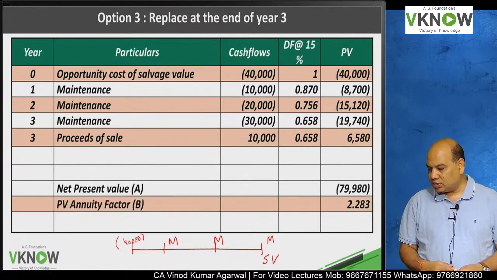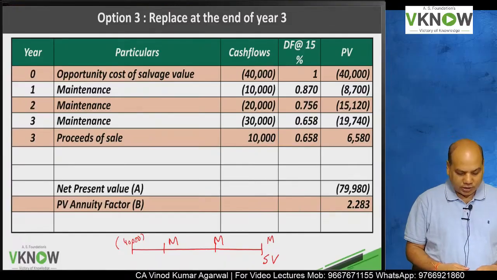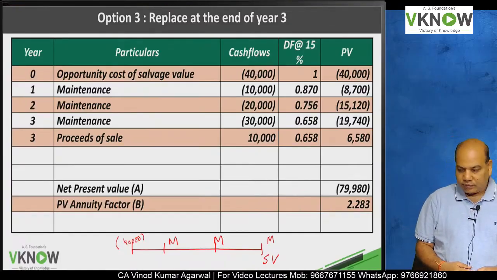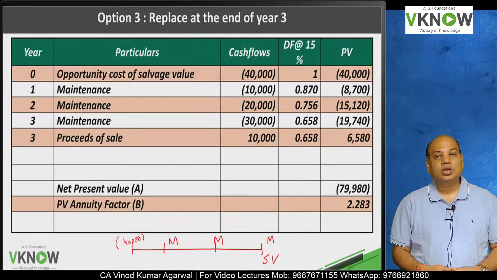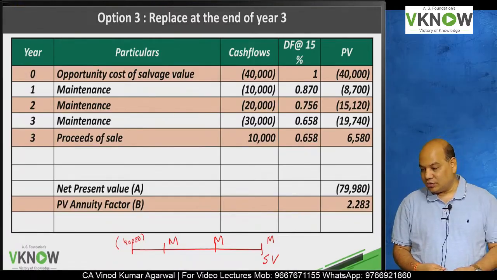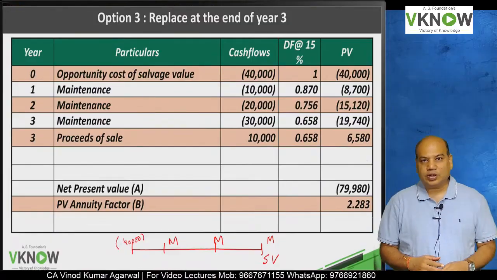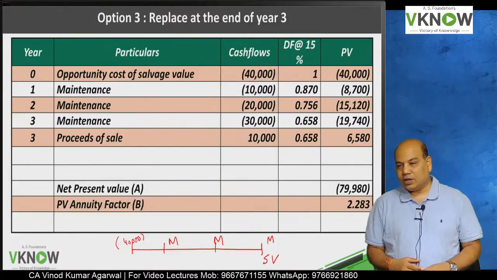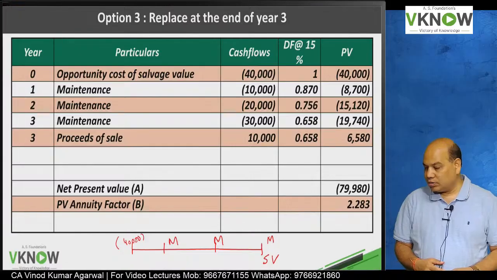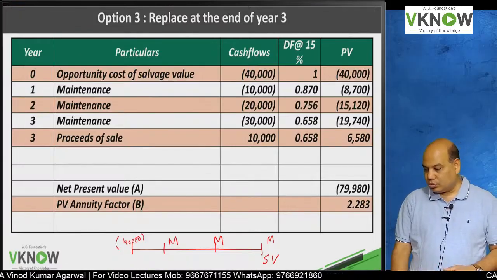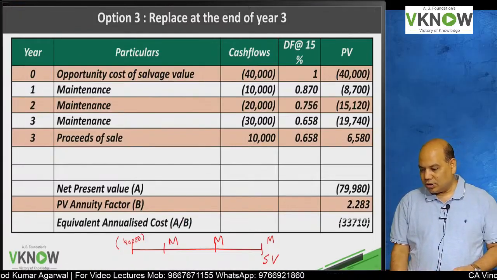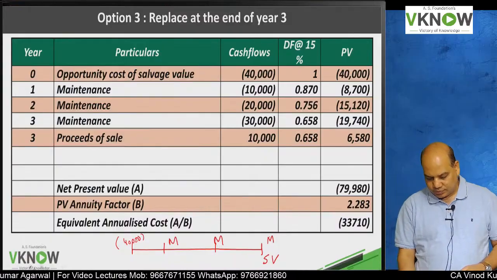Now please take the total. So NPV is 79,980. Please check. Write down PV annuity factor for 3 years: 2.283. Equivalent annualized cost.